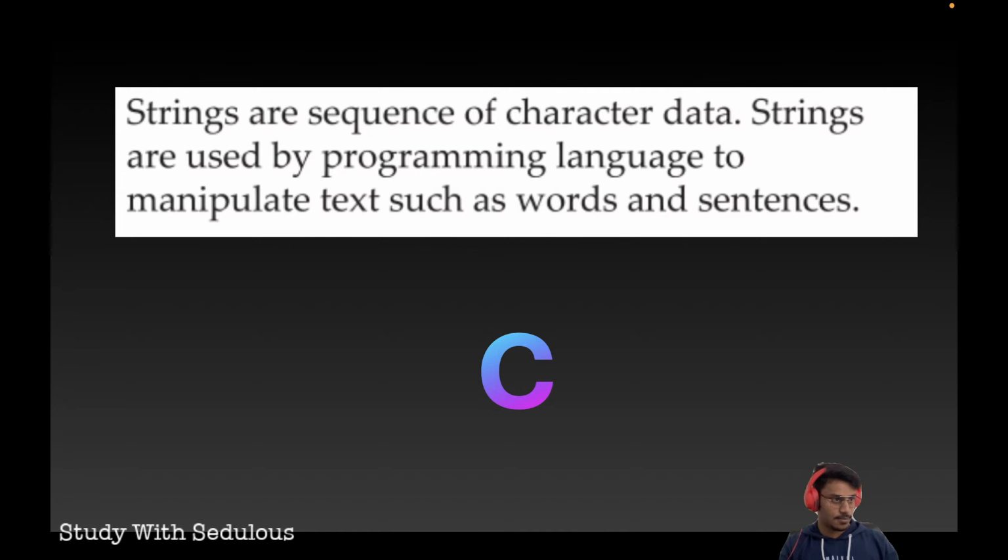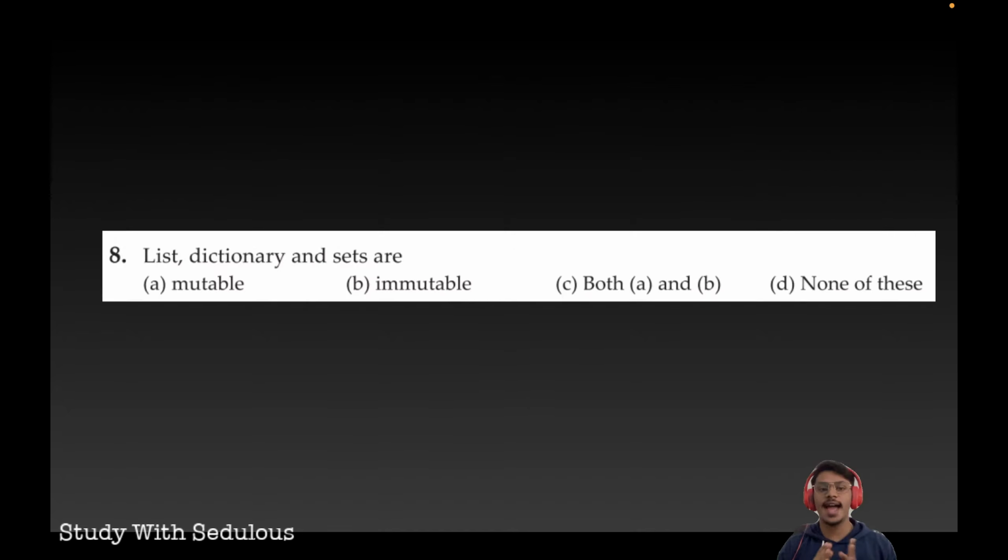Okay. Now, next question. List, dictionary and set are mutable or immutable? What is mutable and what is immutable? Okay, I have said this answer before itself. List is mutable. So is dictionary, so is set. Mutable means we can change the value of the elements.